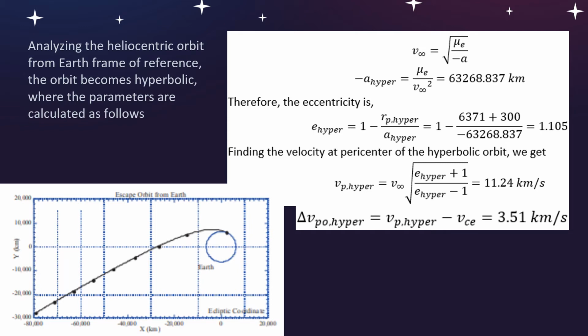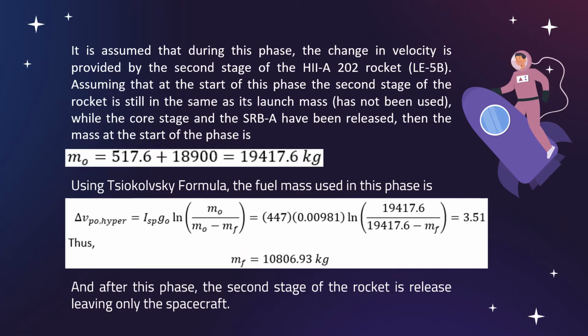This gives us two important parameters: the velocity at pericenter of the hyperbolic orbit, which equals 11.24 km per second, and the difference of velocity required from the parking orbit to the hyperbolic trajectory, which equals 3.51 km per second. It is assumed that during the phase of hyperbolic escape, the change in velocity is provided by the second stage of the H2A202 rocket, the LE5B.